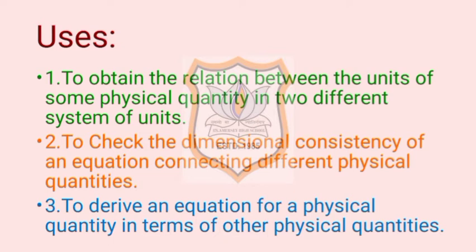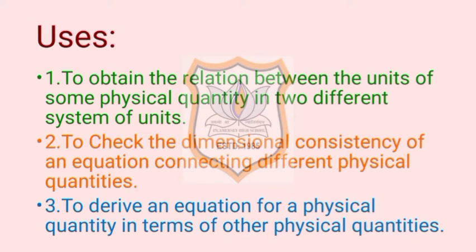Second is we have to check the dimensional consistency of an equation which is connecting different physical quantities. That is, when the equation which is having two different quantities is given to us, we will find whether it is correct, whether it is valid or not.